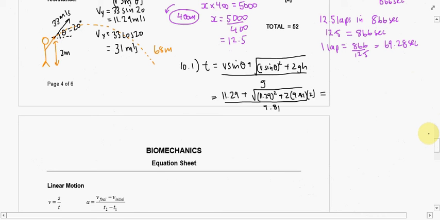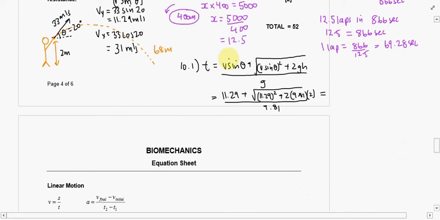So if I just do it on the calculator for a second, 11.29 squared, plus 2 times 9.81 times 2, square root all of that, don't forget to square root it, is equal to 12.91.